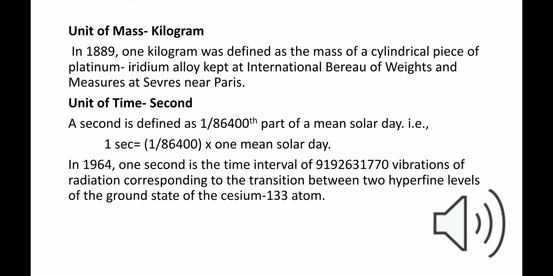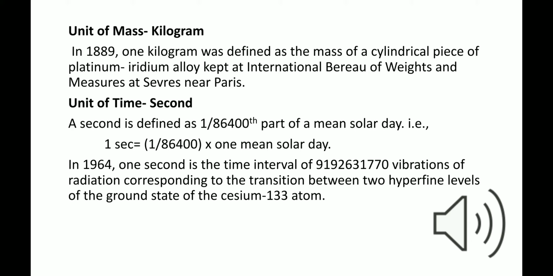Later on, on 20th May 2019, which is continuing till now, it was redefined in terms of a fundamental value called Planck's constant. And the value of Planck's constant is 6.62607015 × 10^-34 kg meter square per second.